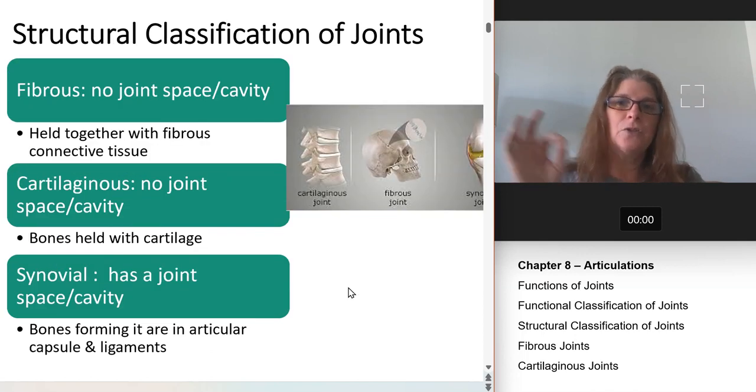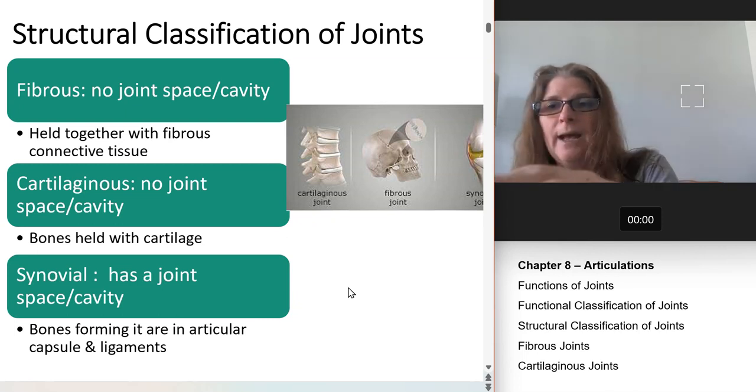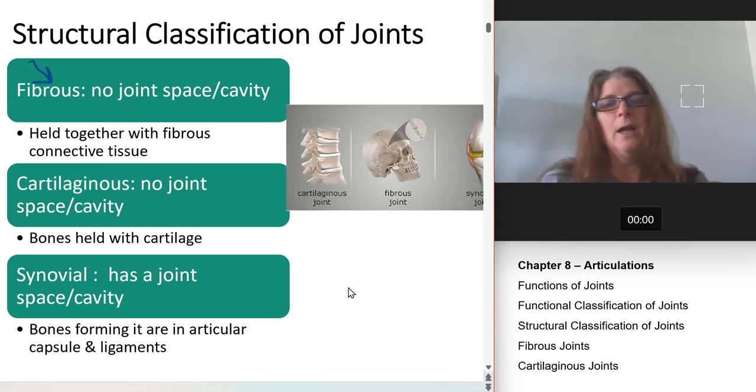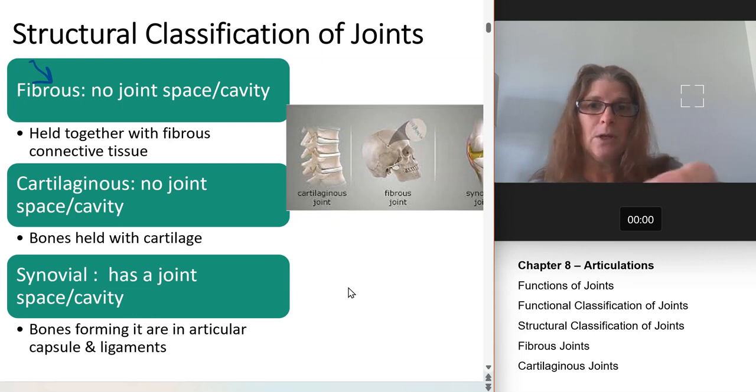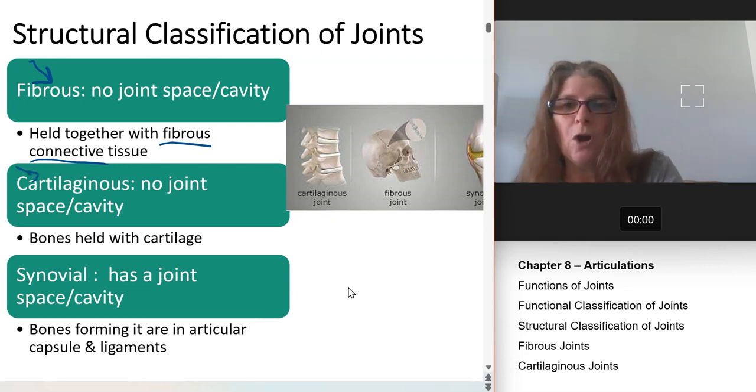Now, as far as the structure goes, there's three structures as well. You can have what's called a fibrous joint, which means there's no joint cavity or space, and that the bones are held together with fibrous connective tissue. A lot of times they're held together with a white fibrous connective tissue, which maybe you're thinking like dense irregular connective tissue. You could have a cartilage joint.